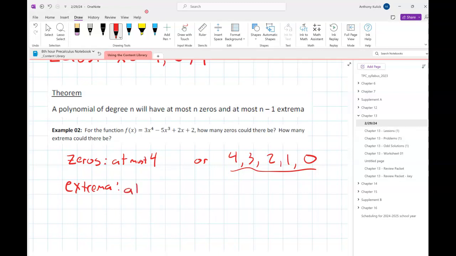At most 3, or you could write it as 3, 2, 1, or 0. Everybody's okay? Not tremendously difficult. You just have to remember what the theorem says. Degree is the number of zeros, extrema 1 less. And you have to use at most if you don't want to list all of the possibilities.